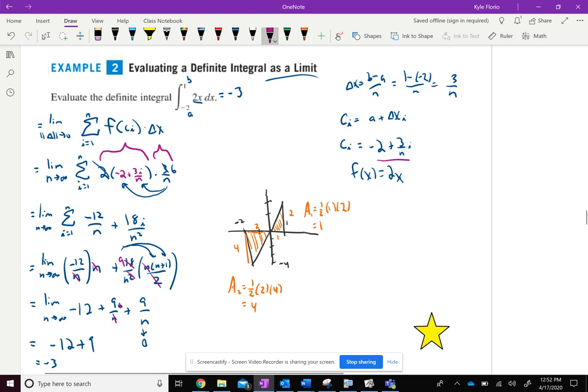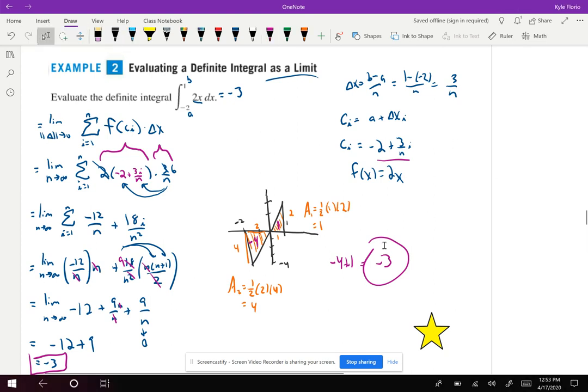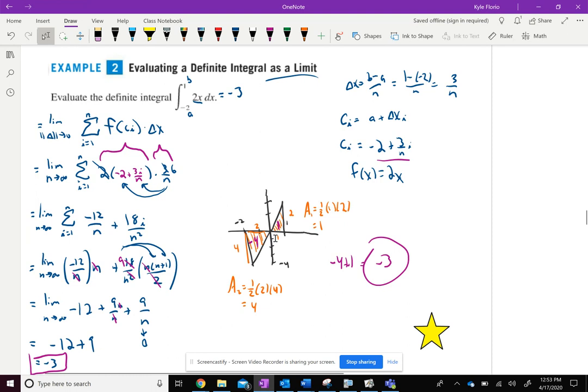We've always said area has to be positive, but if for a minute I say area above the x-axis is positive and area below the x-axis we'll call negative, then negative 4 and 1, when I combine those areas, is going to give me negative 3, which is exactly what we got as our answer. There's a relationship between the geometry area and the calculus area with this limit of a sum. Anyways, we're going to use that idea of finding the area of geometric figures instead of doing the sum in the next few examples. All right, that's all.